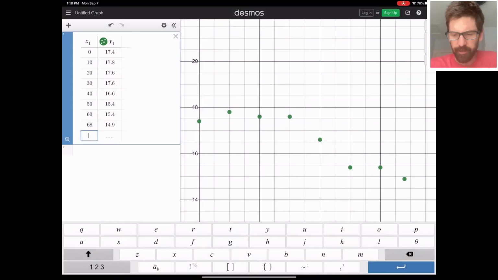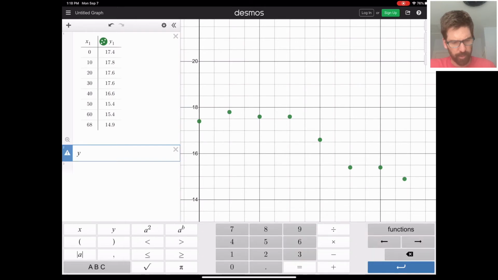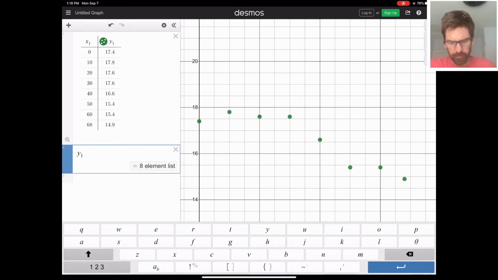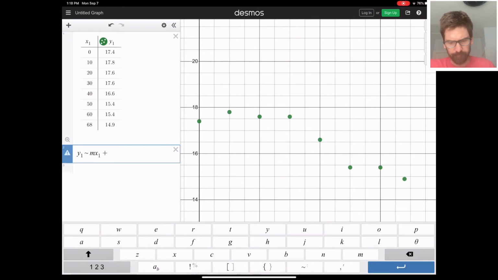And I already have my data graphed up and typed in here. So I am going to go ahead and type in the slope-intercept form that we want Desmos to use. So we're going to type in y1, and then we're going to type in this tilde at the bottom of the screen, and then m times x1 plus b.